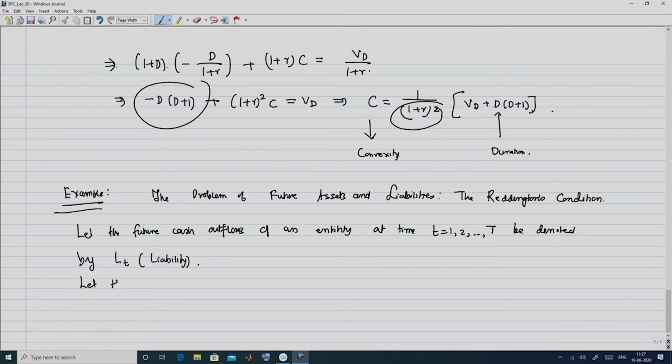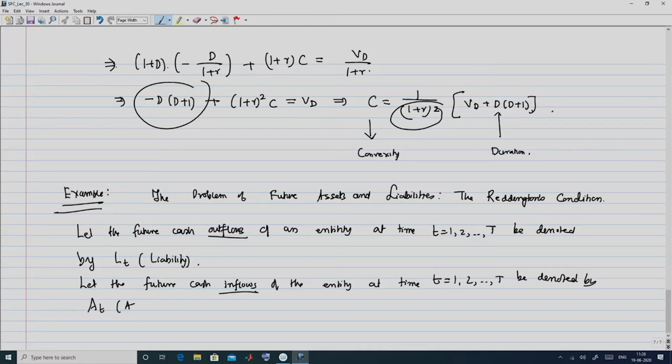Also, let the future cash inflows, as opposed to outflows, of the entity at time t equal to 1, 2 all the way to capital T be denoted by say A t, and A is for asset.